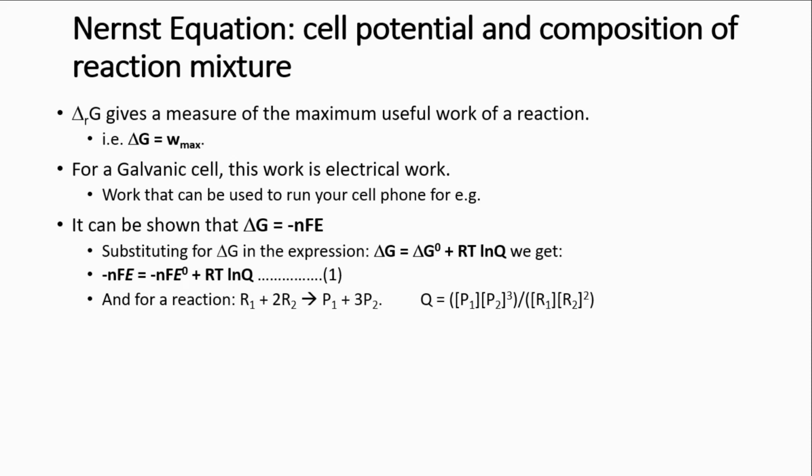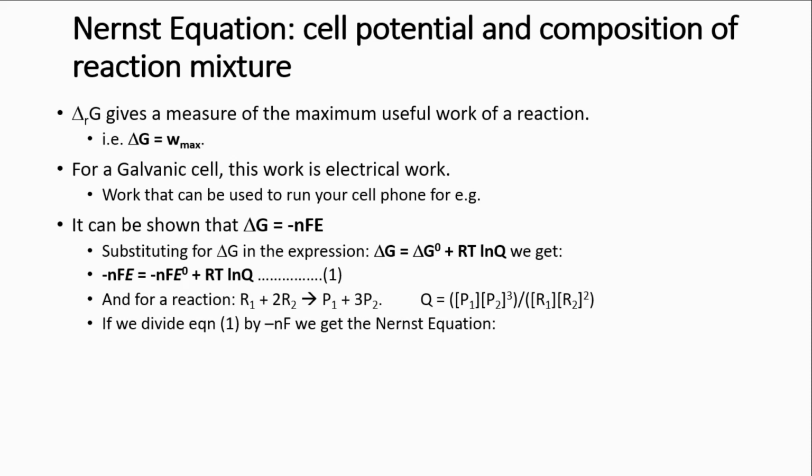So reactant 2 is squared because there is a 2 beside reactant 2 in the reaction, and product 2 is cubed due to the fact that there was a 3 beside it in the equation.